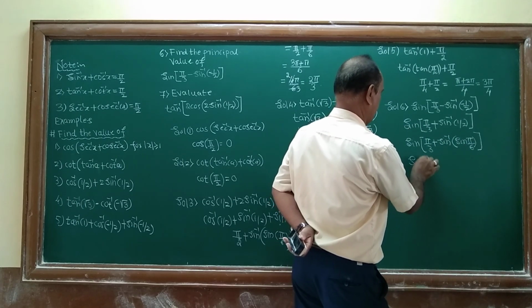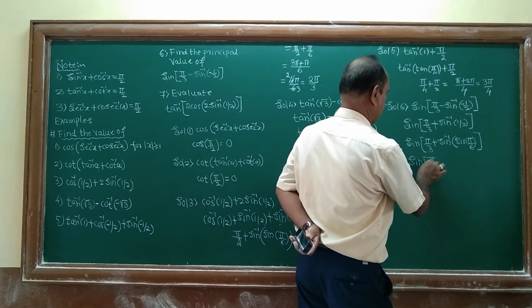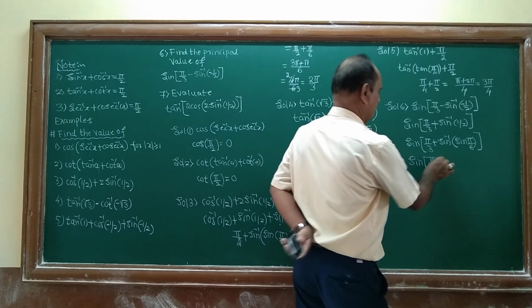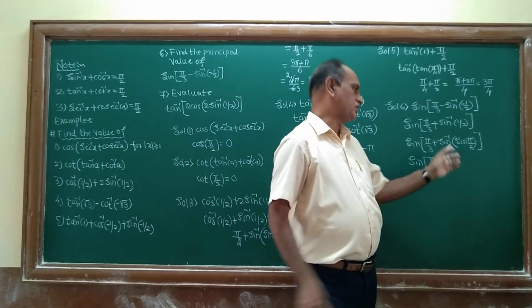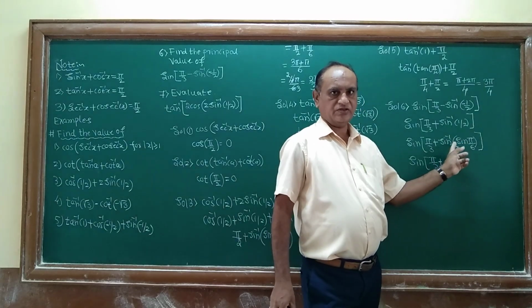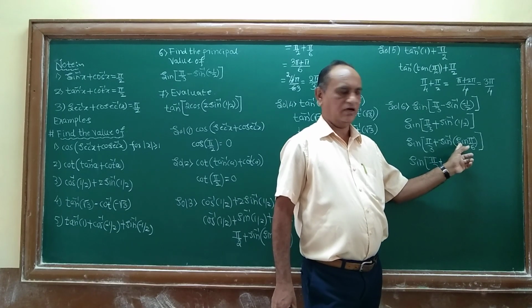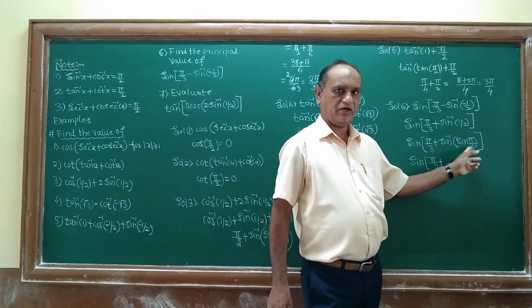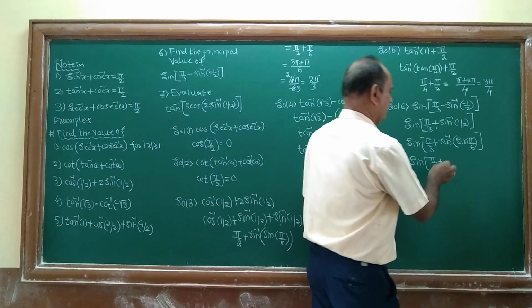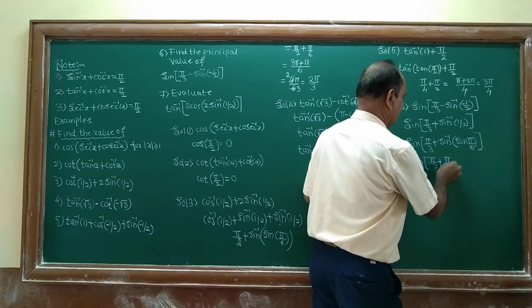Therefore sin of pi by 3 as it is, plus sin inverse of sin of pi by 6, which gives the angle pi by 6.